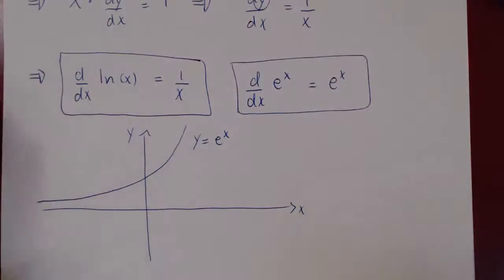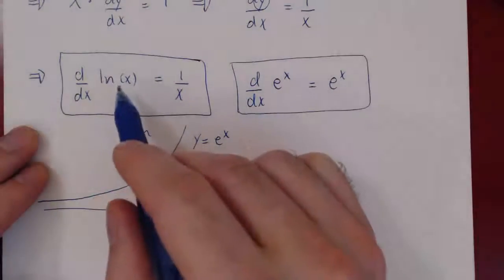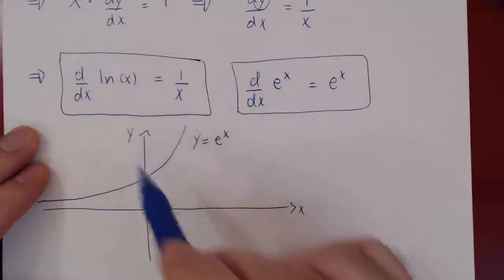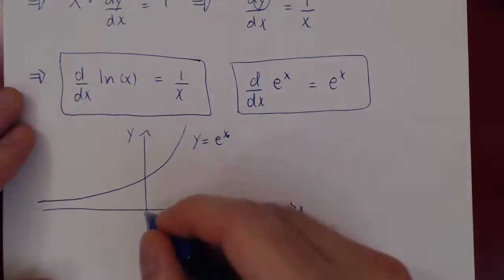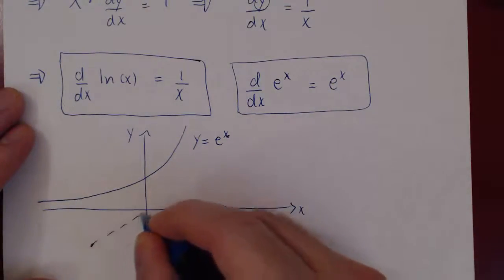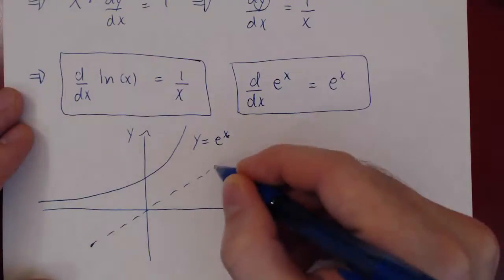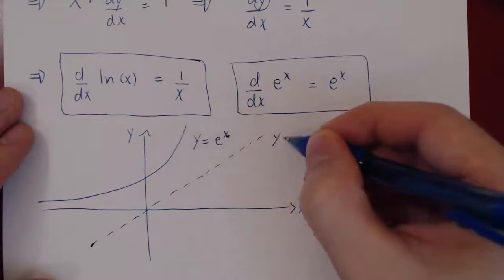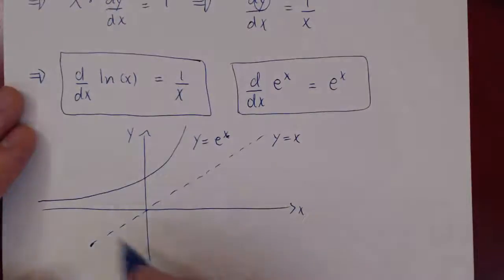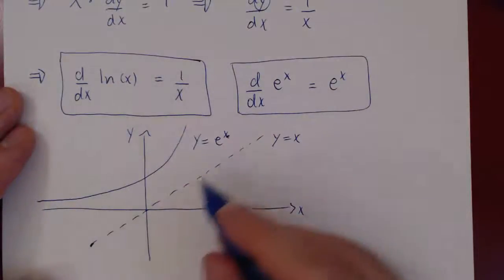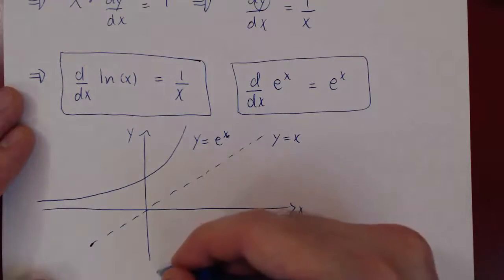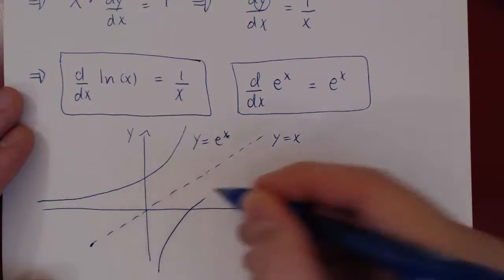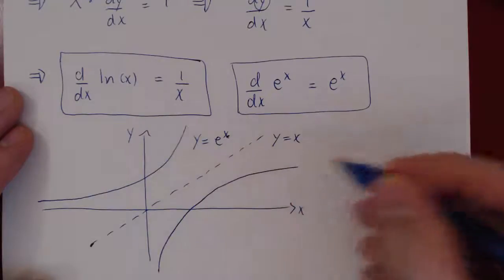And now if you remember, the definition of ln is it is the logarithmic function base e, hence the inverse function of e to the x. And to graph the inverse function of a function, you have to look at the line y equals x, and then if you reflect the function about this line y equals x, you will have the graph of the inverse function, which will look something like this.